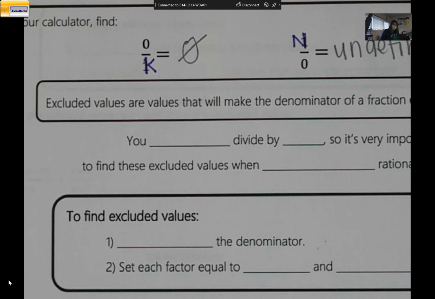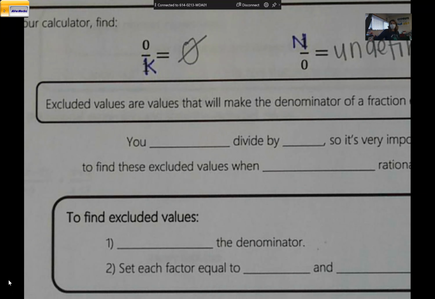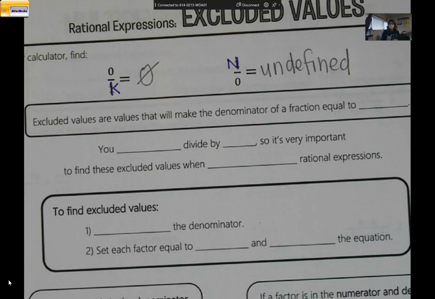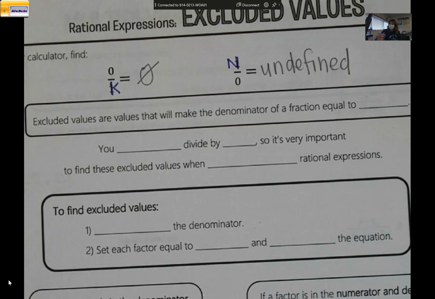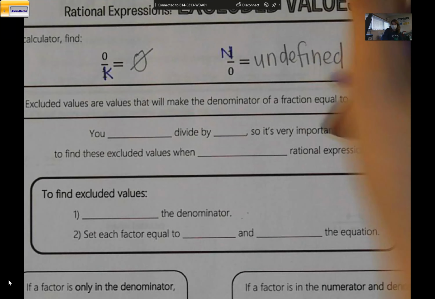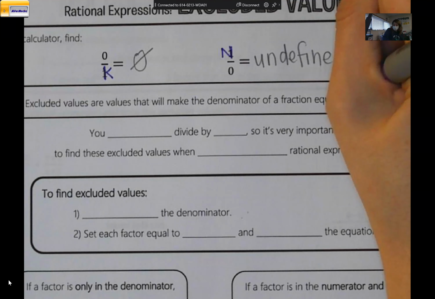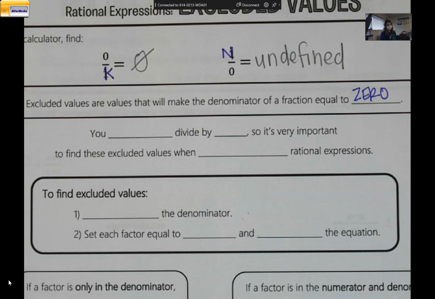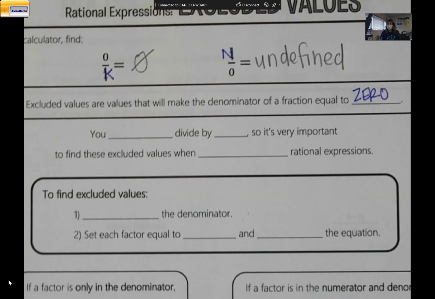So we are going to find today the excluded values for rational expressions. Excluded values are values that will make the denominator of your fraction equal to 0. So we can't have any x values that are going to make your denominator 0.